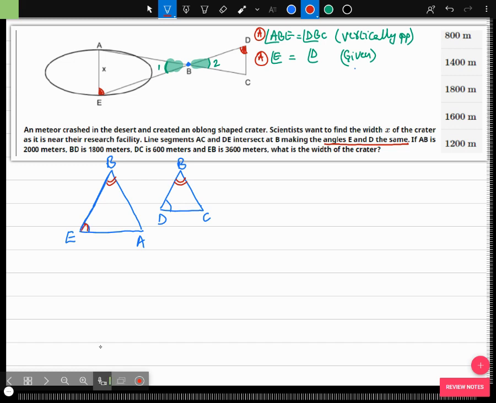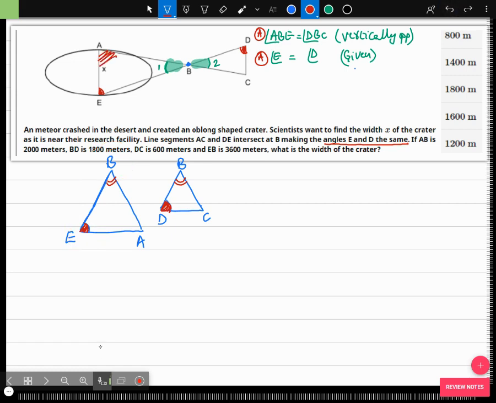I'm drawing in such a way that these two angles are at the same position for these two triangles. Once you label it, it's easy to find the third letter because B and E are already labeled.